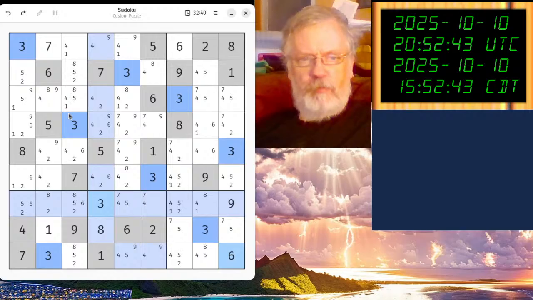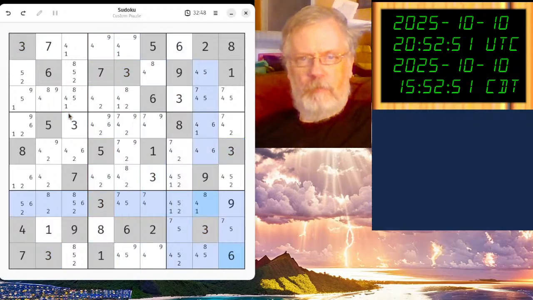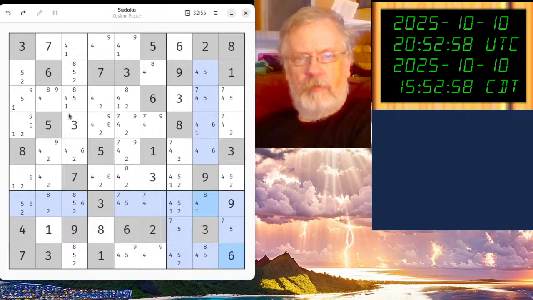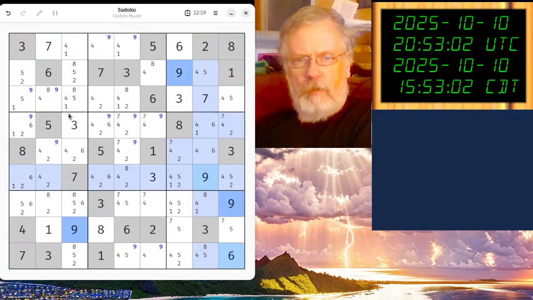The other option would be if we have something that's standalone. I got something that's standalone. 7 here. Oops. Not there. Here. There are no 7s in the rest of this column.